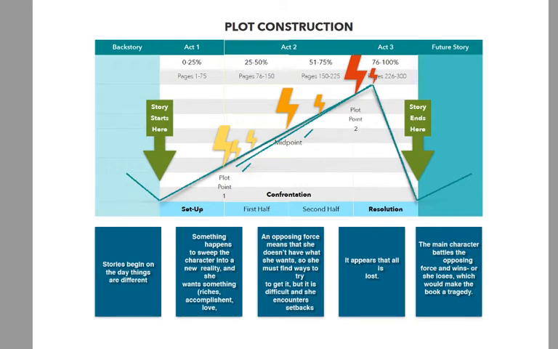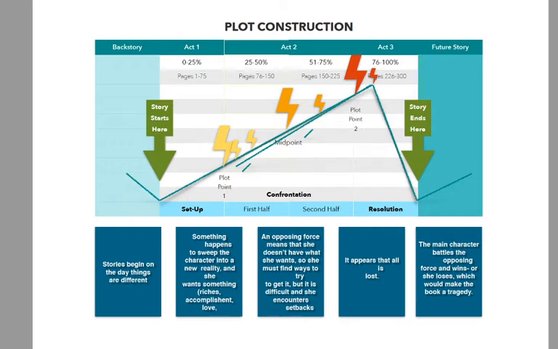Then we have the climax where it's the dark night of the soul, all appears lost, all appears dead, all appears totally and utterly destroyed. And then you have your resolution. And of course, the main character battles the opposing force and wins or loses, which will indicate whether or not it's a tragedy.